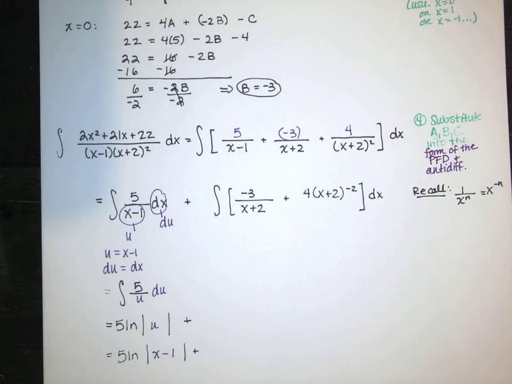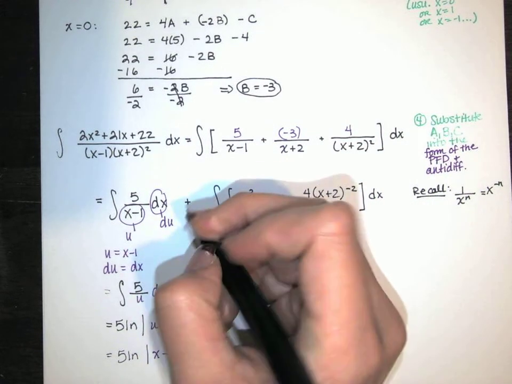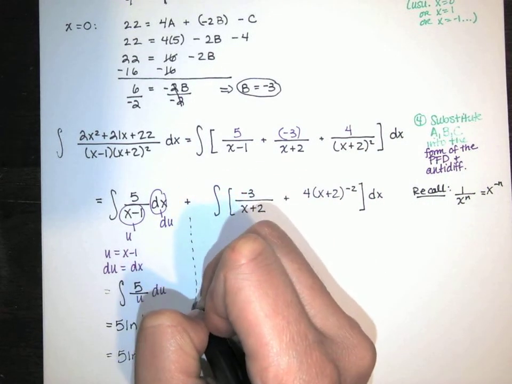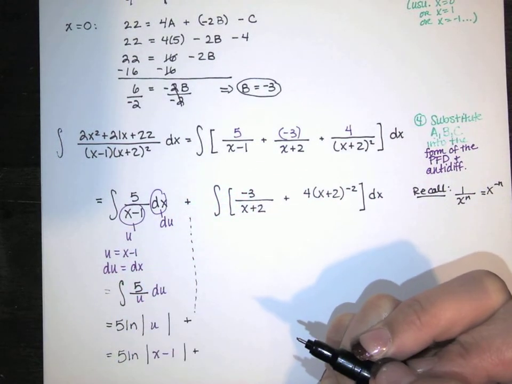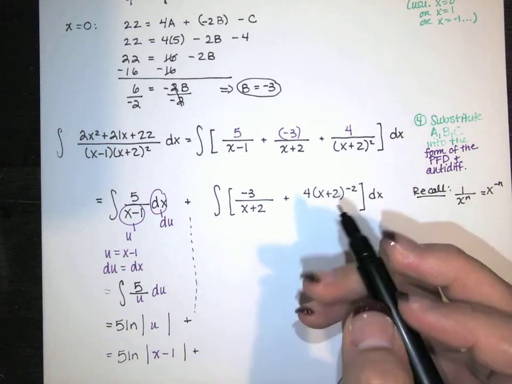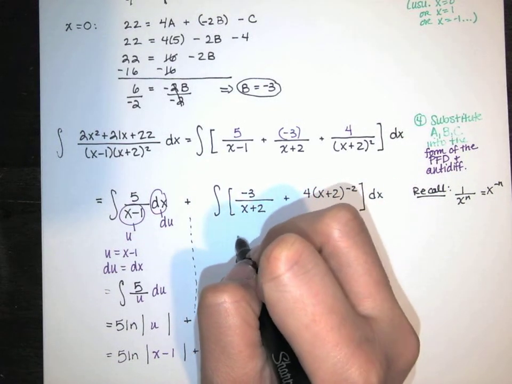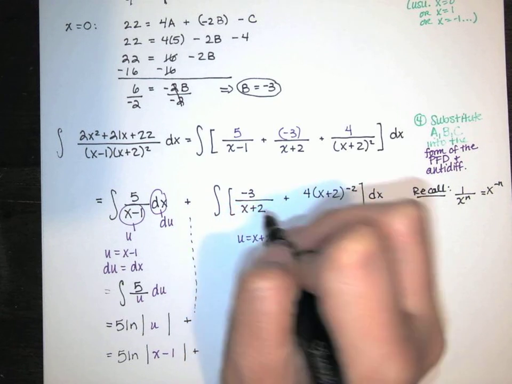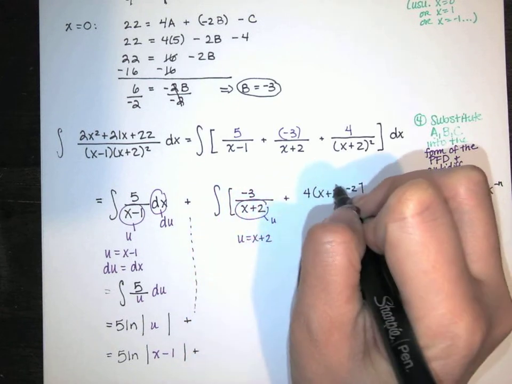All right. And then over here, I have a different u. On this one, u is going to be x plus 2. So that's my u, and that's my u.